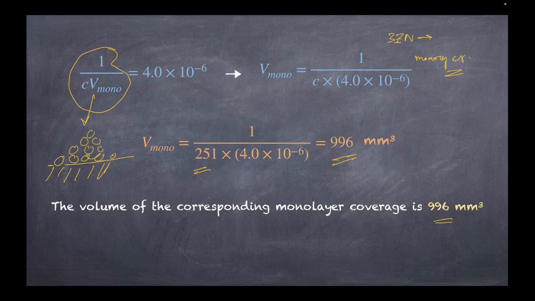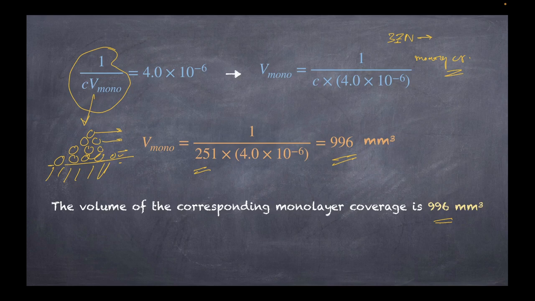The interaction between the first layer and the solid is different compared to the interaction between the second, third, fourth, fifth layers, etc. For each layer we can use the Langmuir isotherm, that is, Langmuir is monolayer adsorption.